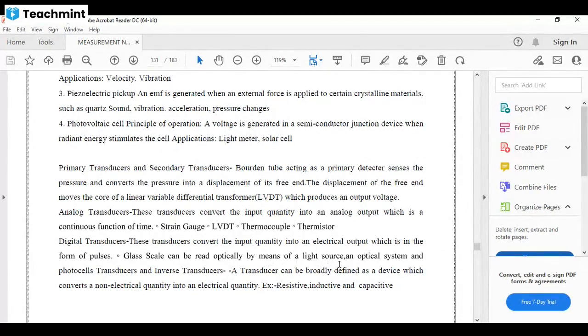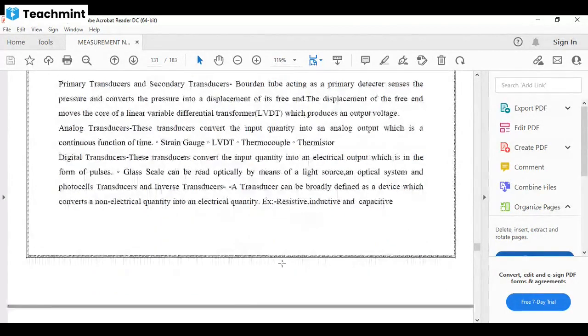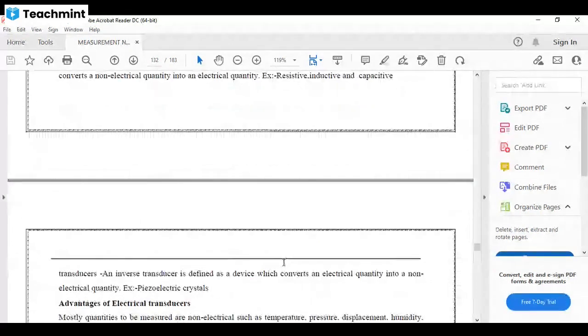And the optical system and the photocell. A transducer can be broadly defined as a device which converts a non-electrical quantity into an electrical quantity, such as resistive, inductive, and capacitive. An inverse transducer is defined as a device which converts an electrical quantity into a non-electrical quantity.